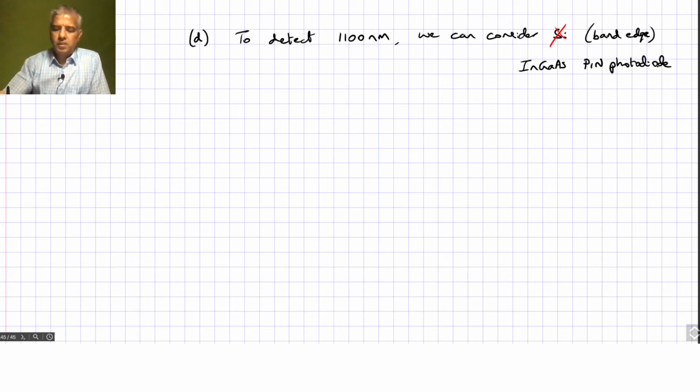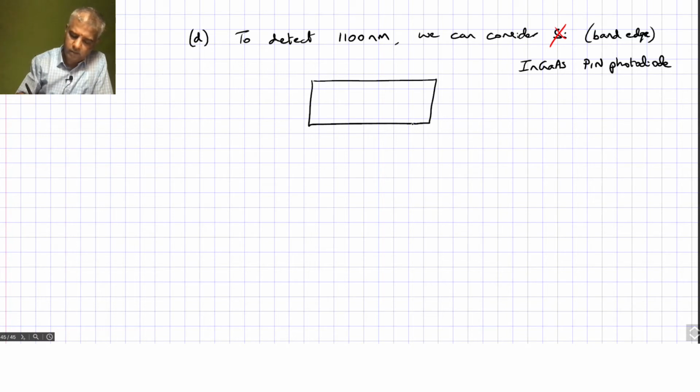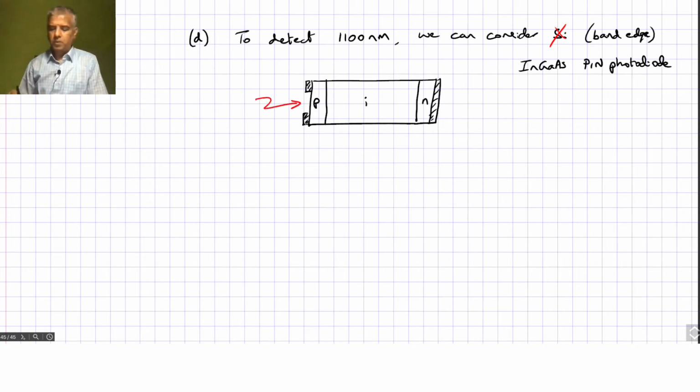So now the question is, if you are using a PIN photodiode, let's actually draw the structure here. So we have a very thin P region, a very thin N region, and a relatively long I region, and we have electrodes on either end of that, and then we are looking at optical power being incident on this.